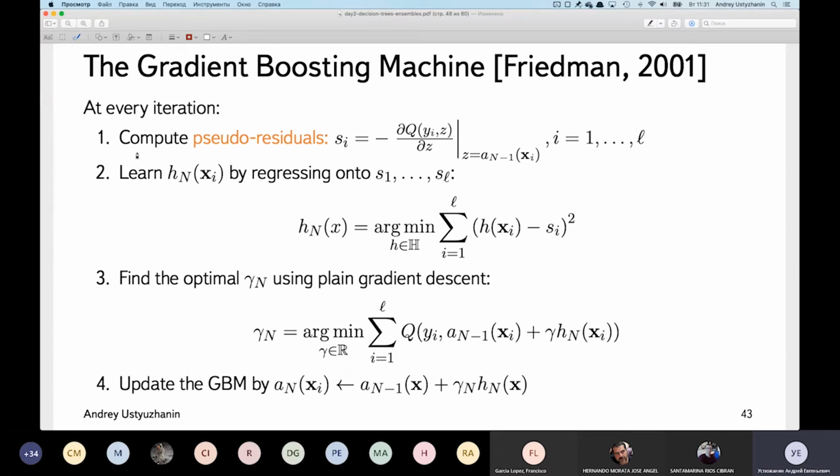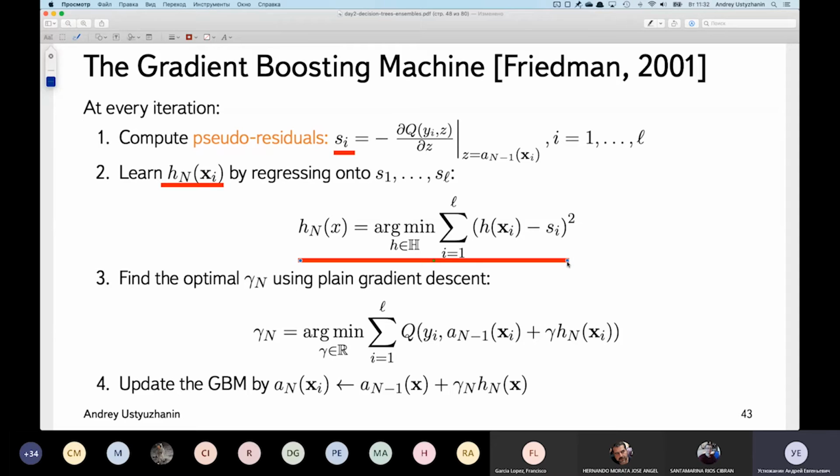So every iteration is the following. We compute those derivatives, or pseudo residuals, and learn the hypothesis by regressing onto those residuals. So we build a learner that minimizes the mean squared error.